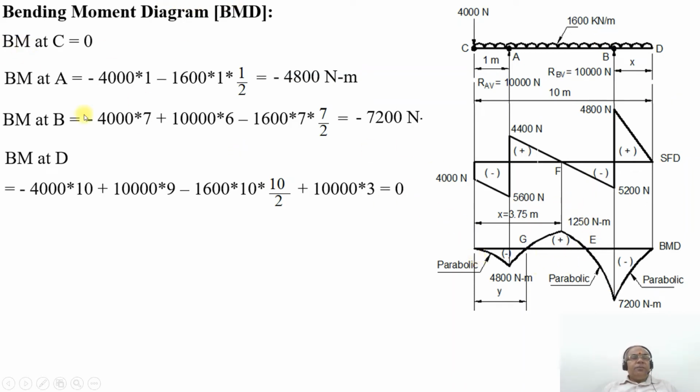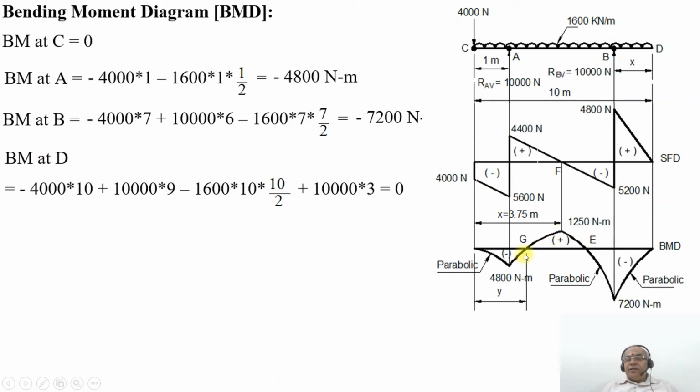BM at C is 0. BM at A will be equal to minus 4,800 Newton meter. Since it is a UDL, it changes parabolically from 0 to minus 4,800 Newton meter. And then BM at B will be equal to minus 7,200 Newton meter, and BM at D will be equal to 0.